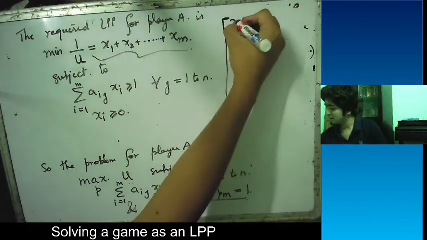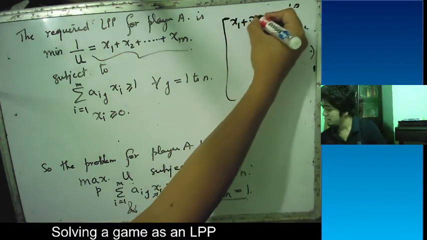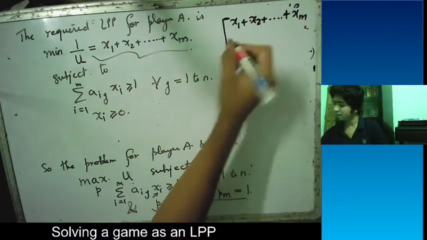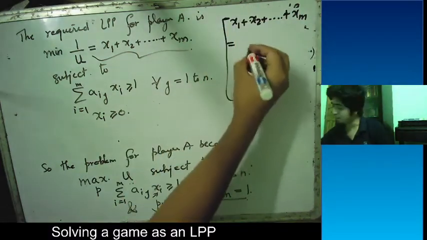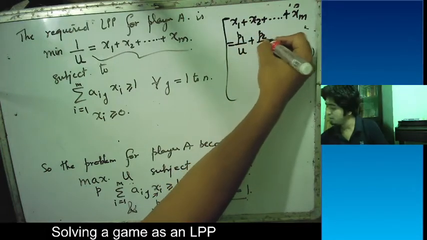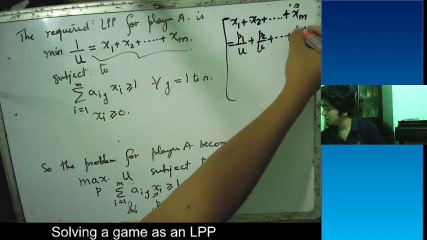Let's see, x1 plus x2 up to xm. If you remember, we have replaced x1 by p1 by u, plus p2 by u, plus pm by u.